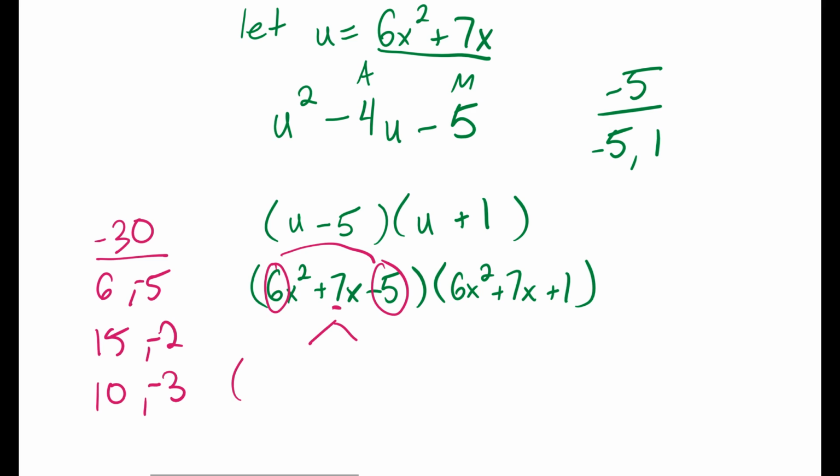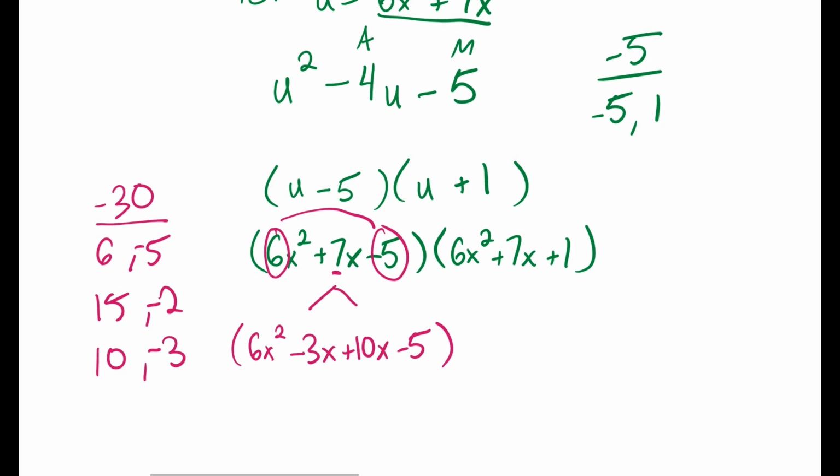So I'm going to rewrite this first trinomial as 4 terms. I'm going to split that 7x into -3x plus 10x minus 5. It doesn't matter if you put the 3 or the 10 first, it'll still work out. And then I can factor that by grouping. I can group the first two terms, pull out a GCF of, let's say, 3x there, to be left with 2x minus 1.